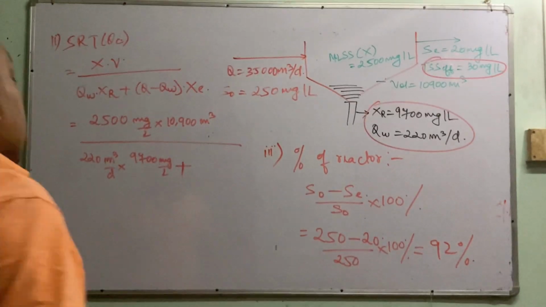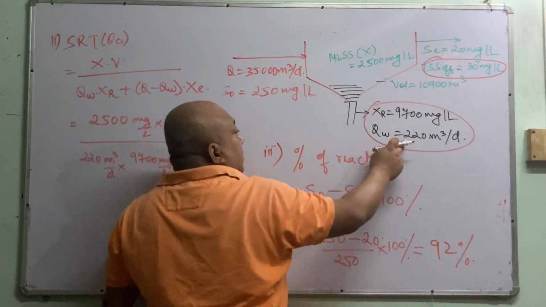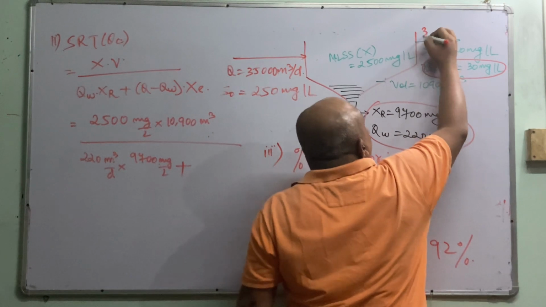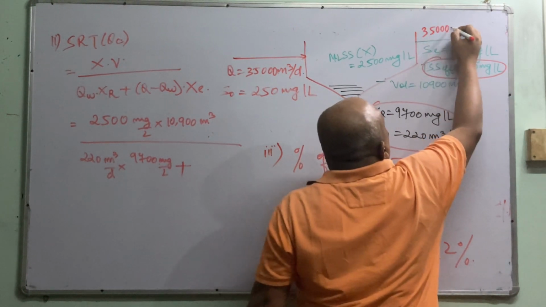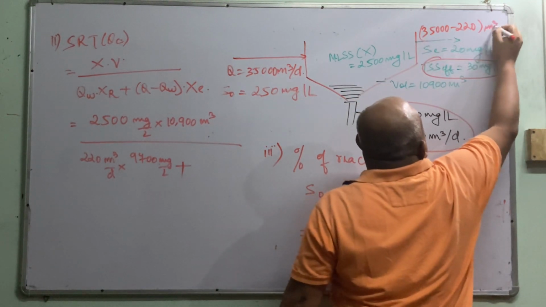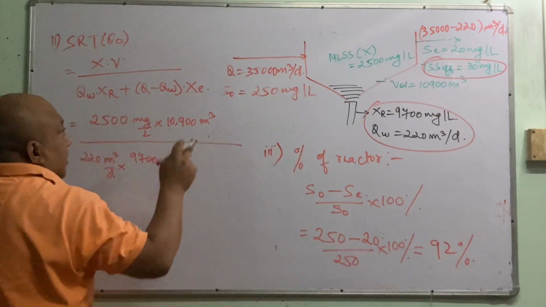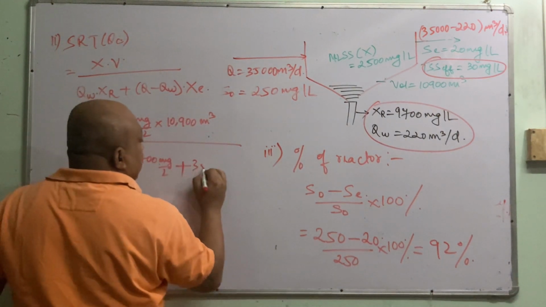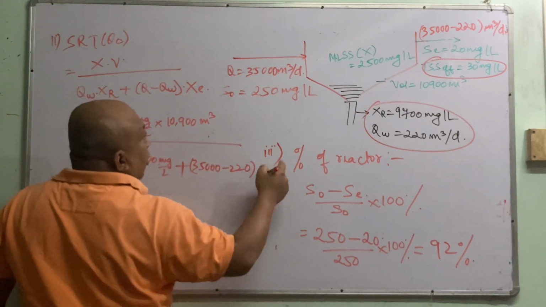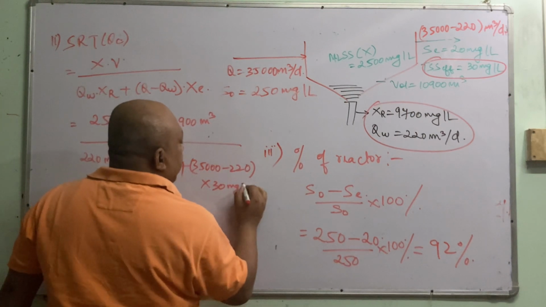Yeah, so 35,000 is coming in and 220 is gone, which means whatever is here will be 35,000 minus 220 meter cube per day. Correct? So this is going to be 35,000 minus 220 into how much concentration? 30 milligram per liter.